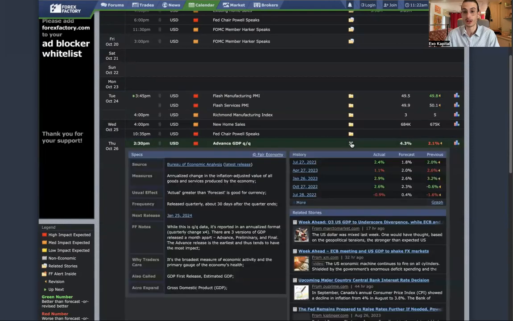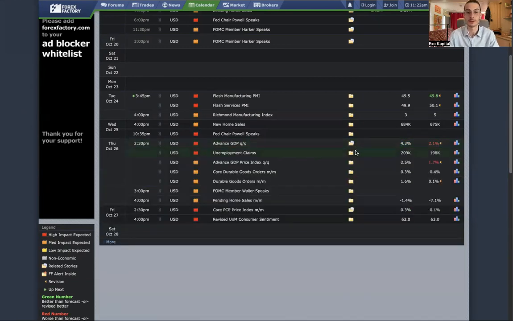But well, last July, for last quarter, we had 2.4, while the forecast was 1.8. So now the forecast is 4.3. If we have a difference of, let's say, 40% like that, we could expect a 5% to 6% advanced GDP number.